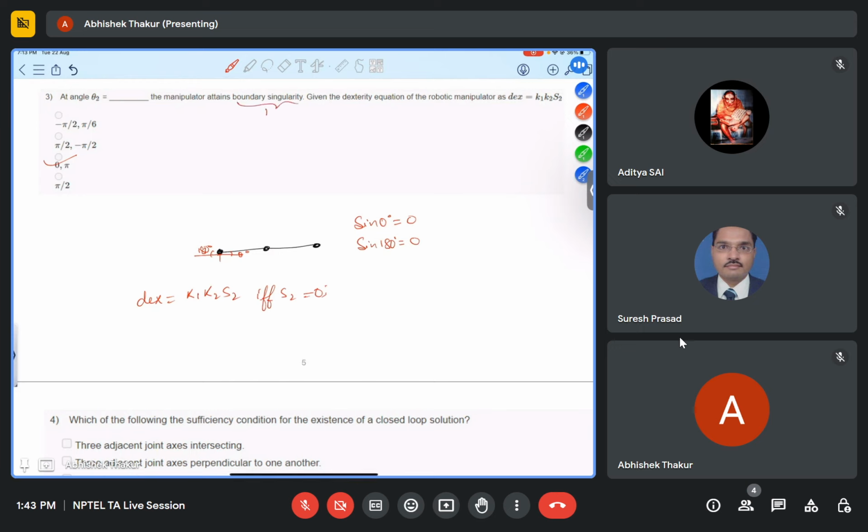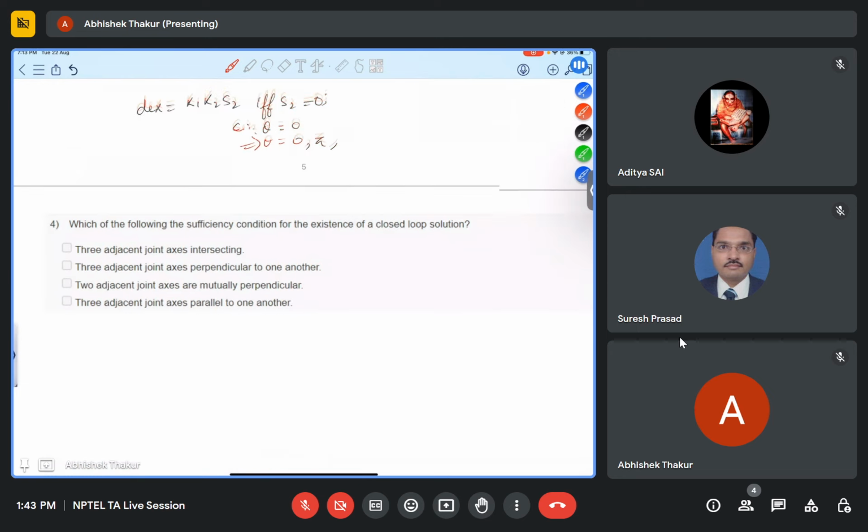Actually, this boundary singularity occurs when the tooltip is on the surface of the work envelope. It will be on the surface when this value will be 0. Sine theta is 0 when theta is equal to either 0 or pi. So option C is the correct answer for this question.